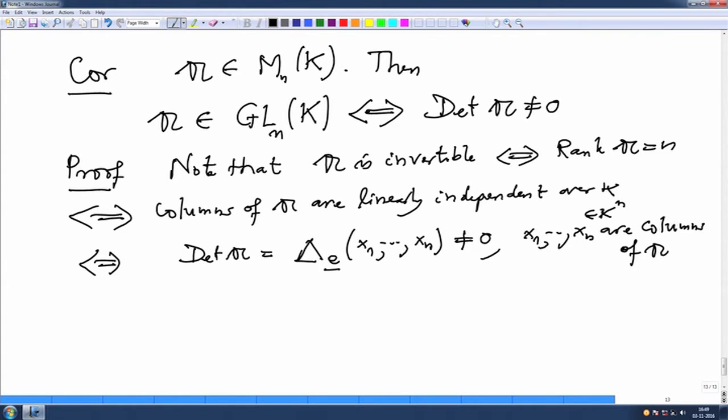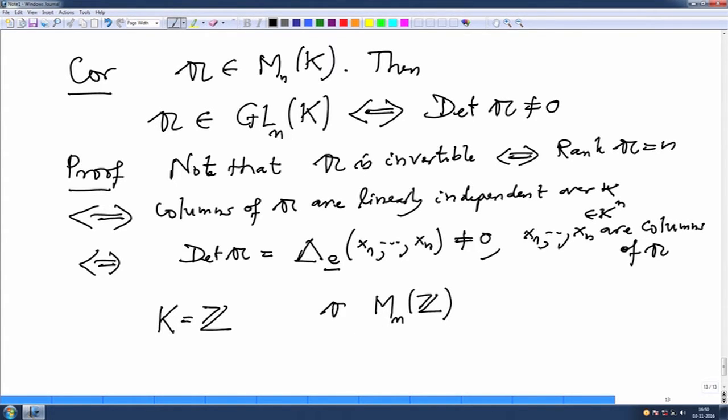This is very important, because when you pass in the general case from a field to an arbitrary commutative ring, for example when you take K equal to the ring of integers and consider matrices over the integers, the invertible matrices are not the matrices whose determinant is a non-zero integer, but matrices whose determinant is actually a unit in Z. So, the only possibilities are 1 and minus 1.